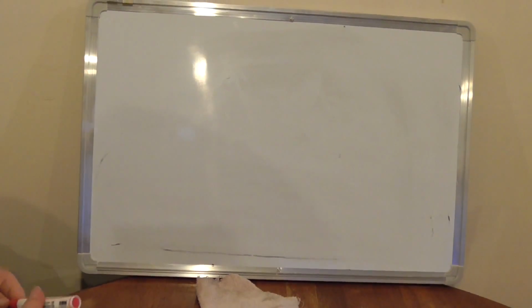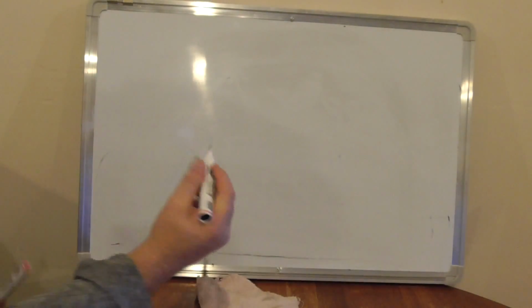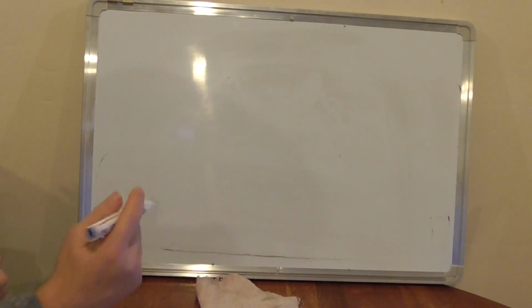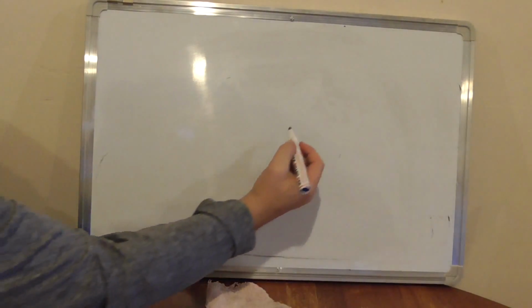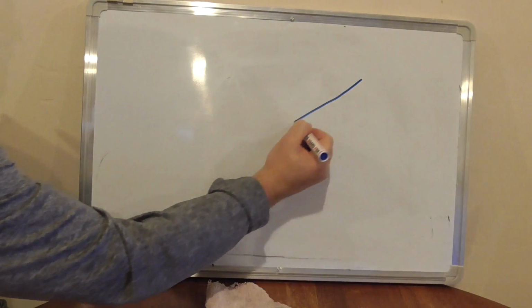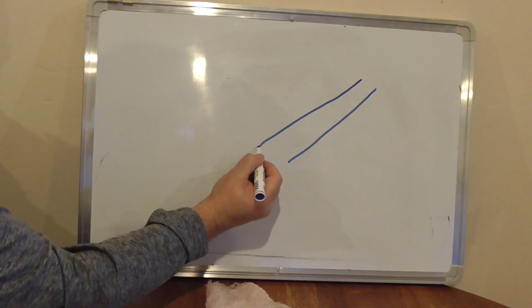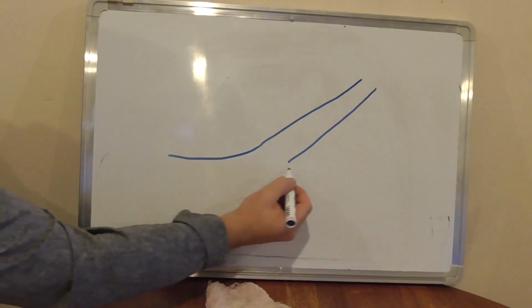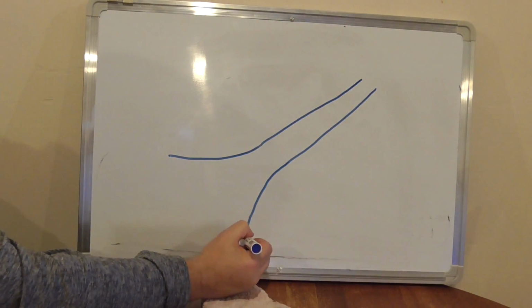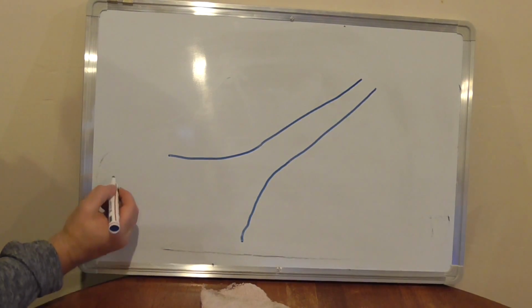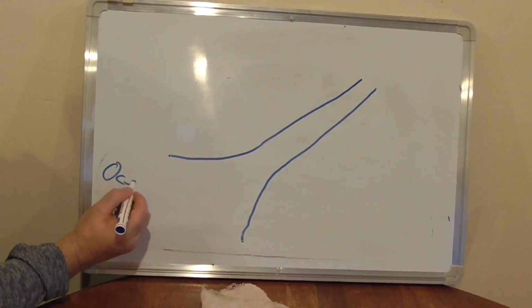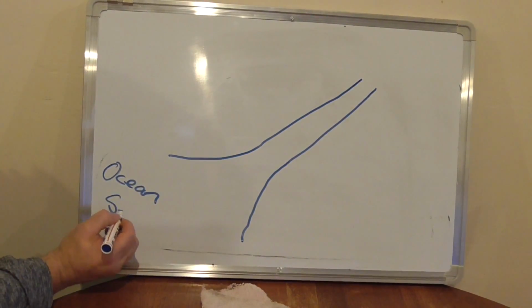Another one might be an estuary. An estuary is when we have, let's go to our blue, because we're talking about water now. Let's imagine you have a river, and the river spreads out like that, and over here you have the ocean, or the sea.